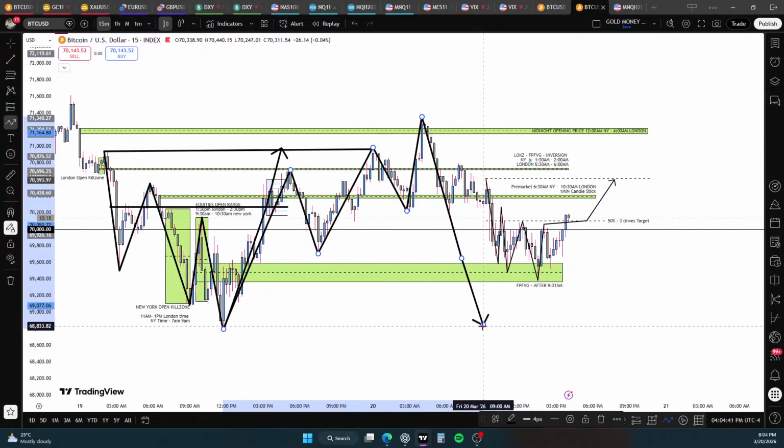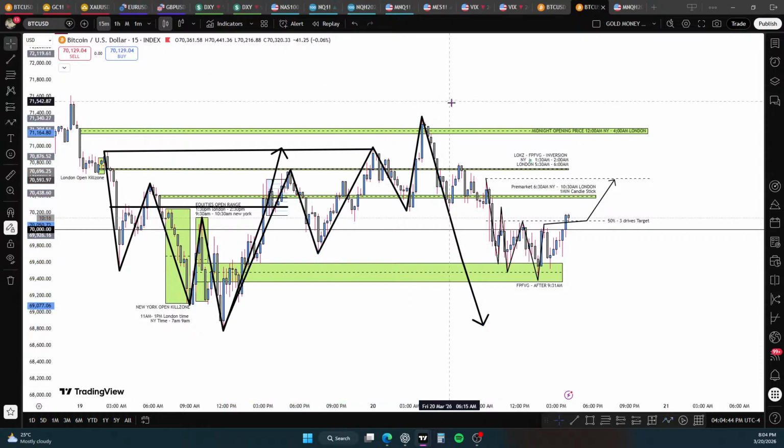To be honest, someone is getting hurt on a 3 drives pattern because I can see a few of them. So actually, it is quite difficult. This one had a full redistribution, and this one so far has not.